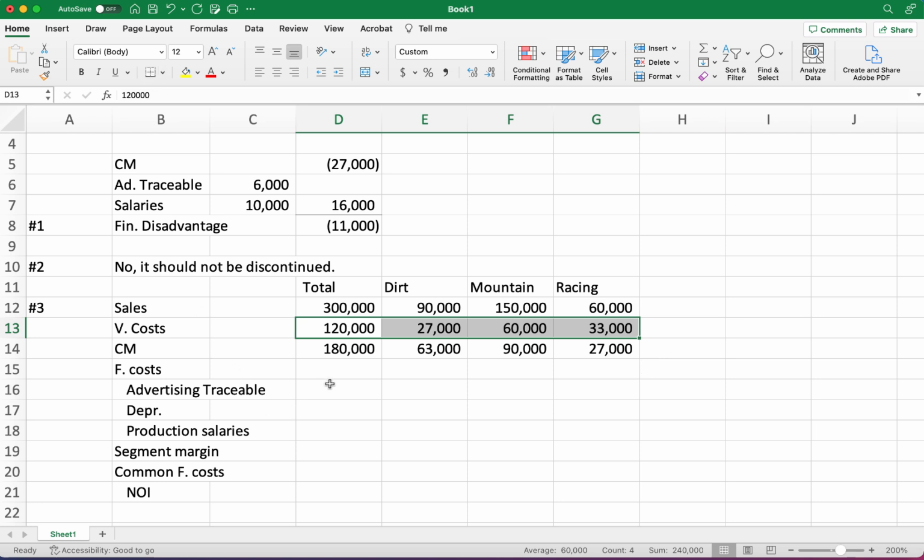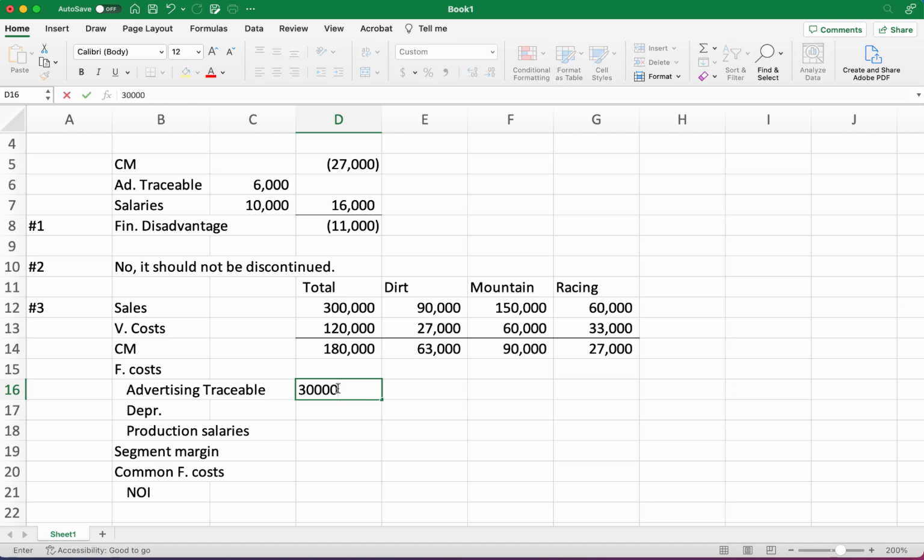Then we could subtract out all the traceable fixed costs, right? Anything that we could trace to a specific product line, those are the fixed costs that we need to subtract from the contribution margin so we could determine what our segment margin is. Okay? So total traceable fixed costs are 30 grand. For the dirt bike division, they're 10,000.